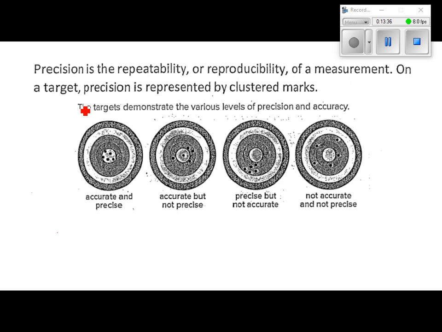The second one, what do you notice? They're spread out a little more. So they're not very precise, but they're still accurate. They're still all right about where we wanted to hit. How about the third one? Notice they're all right here in a little group, so they're precise.